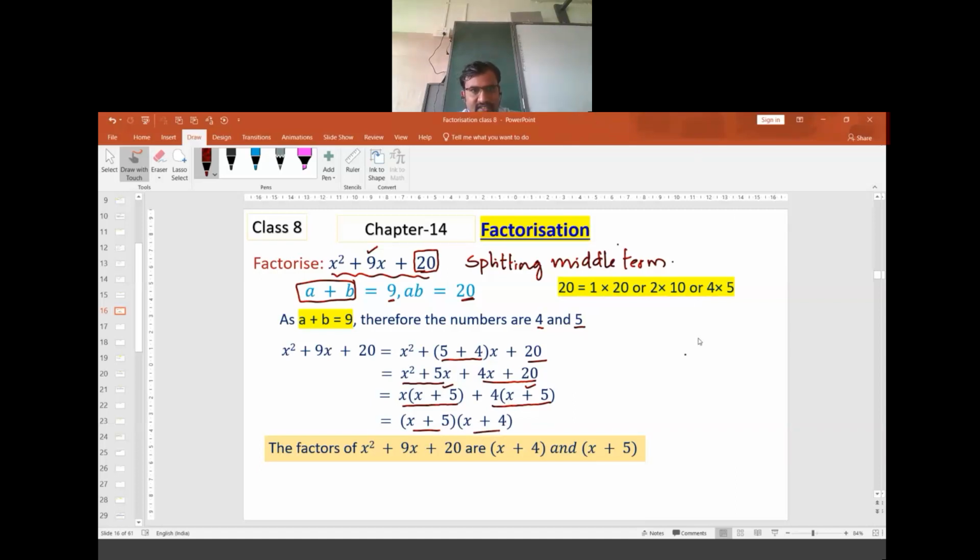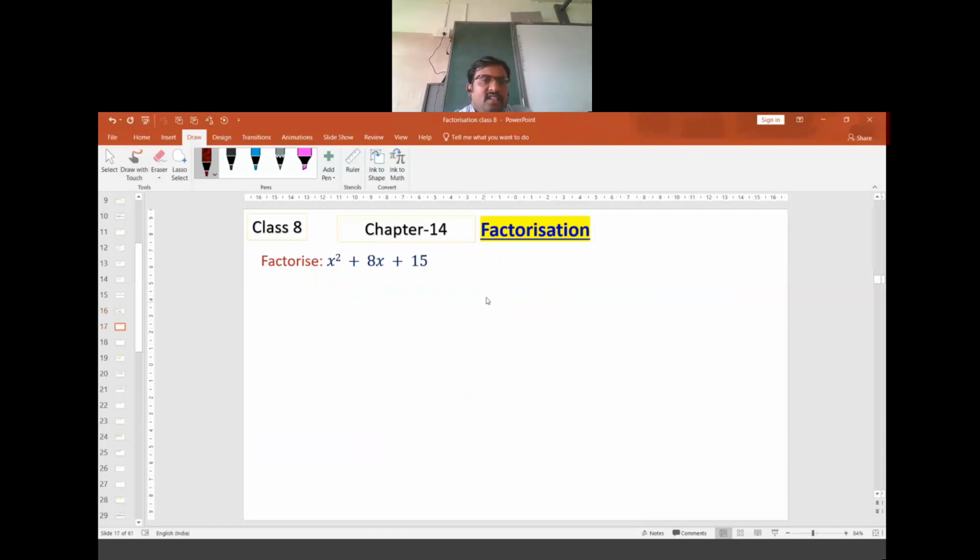Now I will be giving you a question. In this type of question, how to solve? Can we factorize using the previous method, using the formula x plus a into x plus b? Can we do that? Yes, sir. How do we do it?